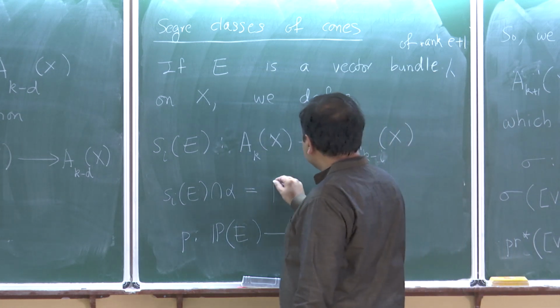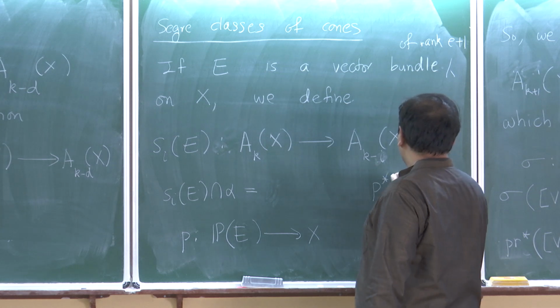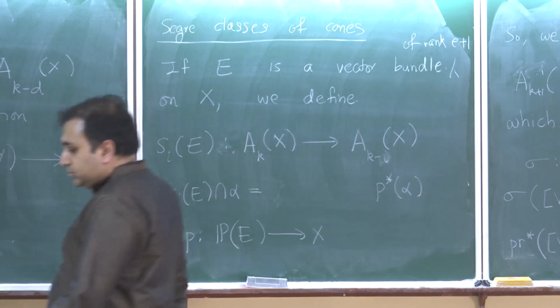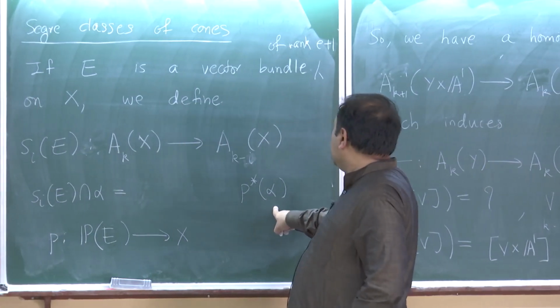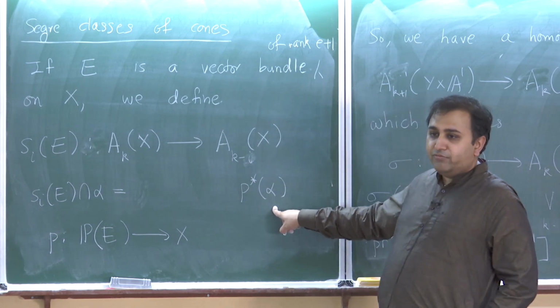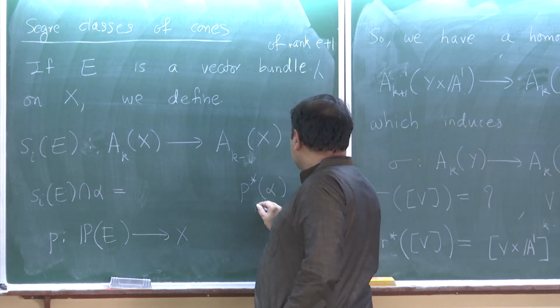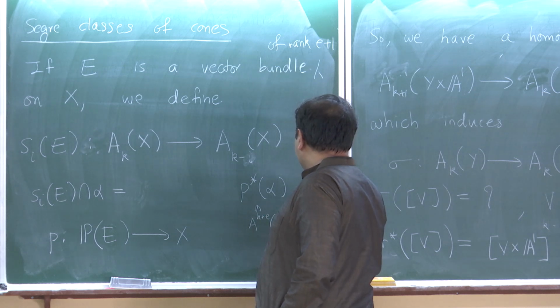First I pull back alpha, so this will sit in A_{k+e}(P(E)).